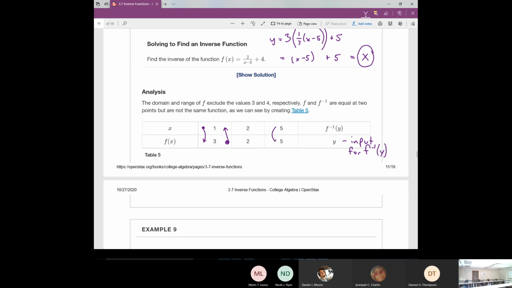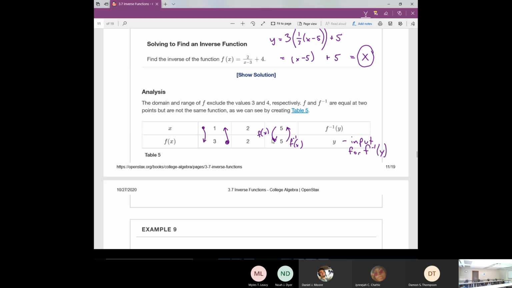So f of x takes me this direction, given input. This function, taking this as input, is the f inverse. Now, it doesn't matter that we call this one y. Remember, that just says the input into this function will give me this. If that's exactly the reverse of what this function does, then we call that f inverse.